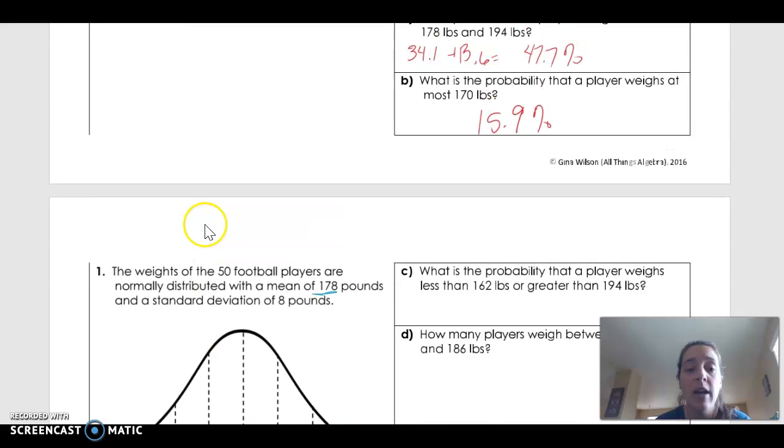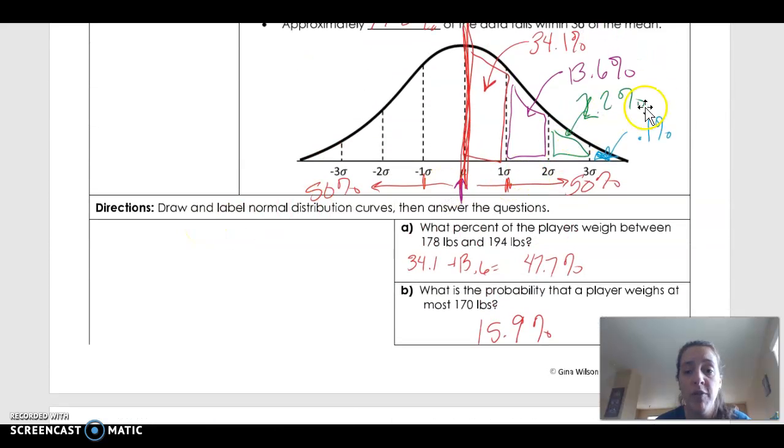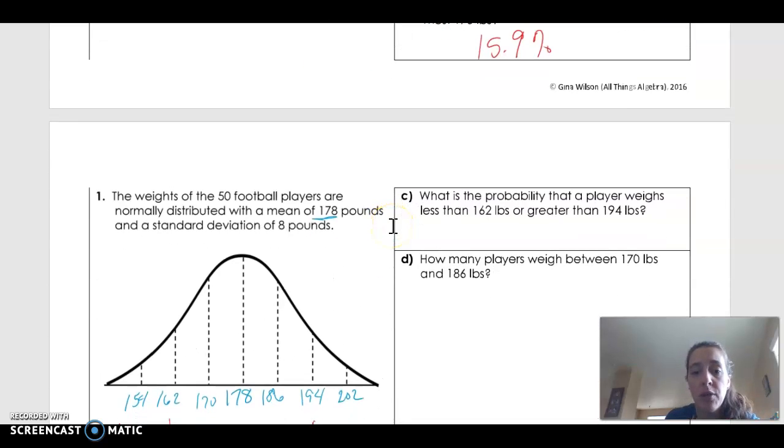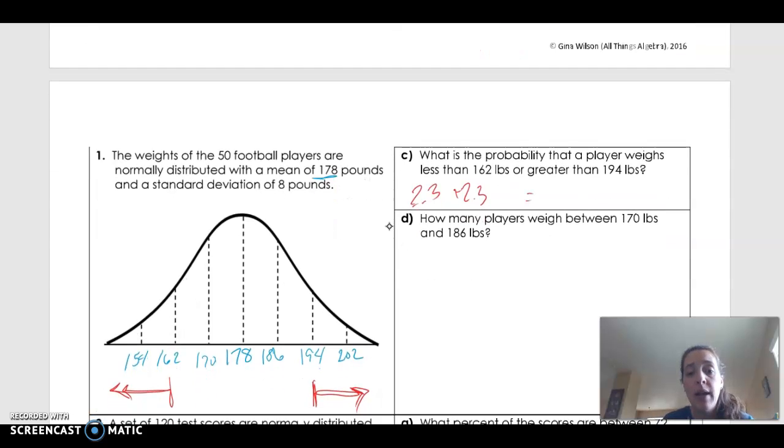So I can go back up and look at my distribution curve. So I see I would be in this little chunk right here and this little chunk right here. So when I add those things together, I would have 2.3% down on the bottom part being less than 162, and I would have 2.3% being on that greater than 194 part. So I would end up with 4.6%.